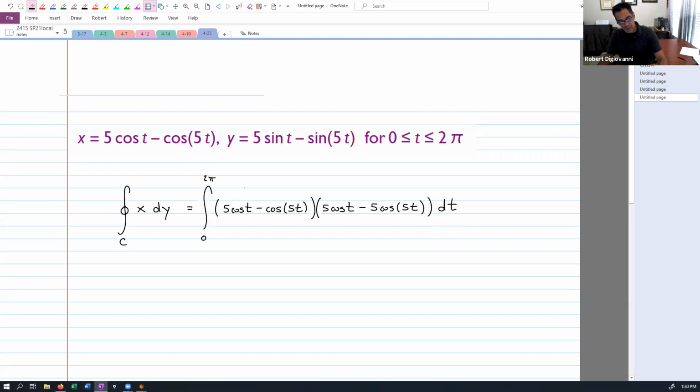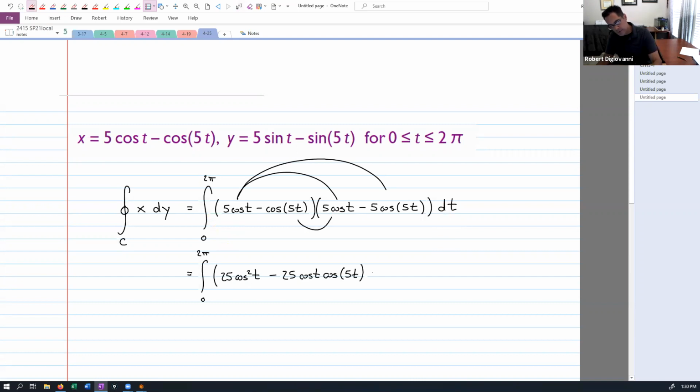And then I can FOIL this out. So this would be 25 cosine squared t, that's here to here, and then here to here, minus 25 cosine t cosine 5t, and then here to here, minus 5, and that's another cosine t cosine 5t.